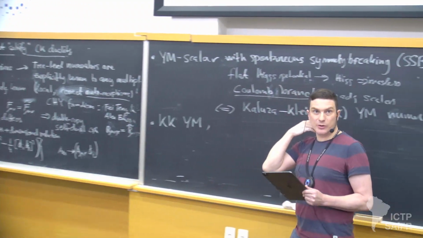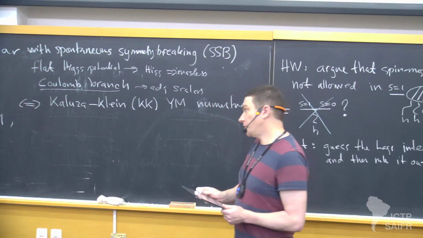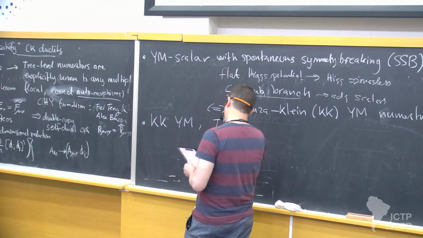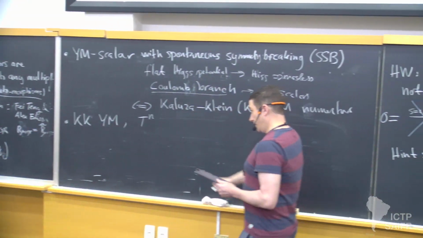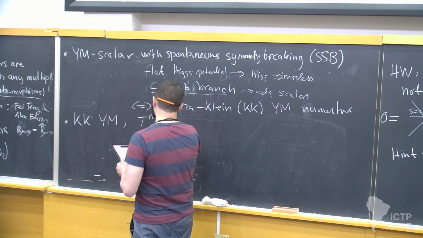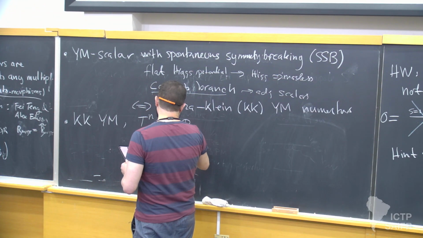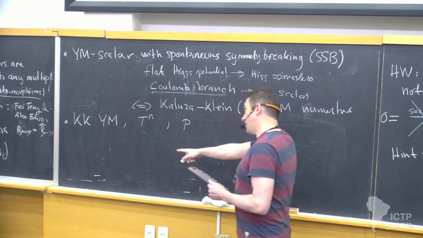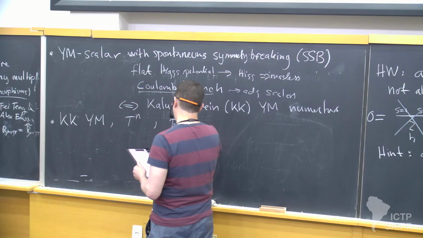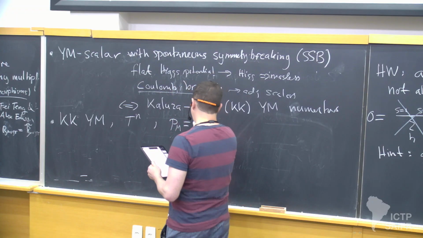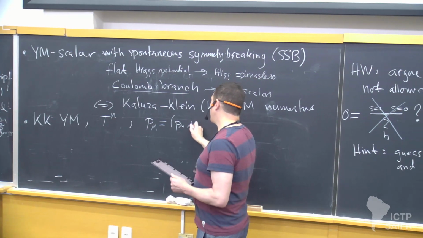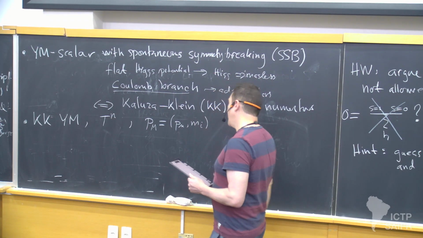So Kaluza-Klein, as you know, is that you compactify your theory on some compact space. In this case, let's pick the simplest one, which is a toroidal compactification, so the n-torus. Then you can take your pure Yang-Mills that lives in higher dimension, and take the momenta to have some external space momenta and then some internal space momenta, which I'm just going to call m_i.